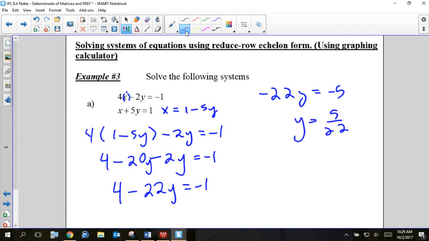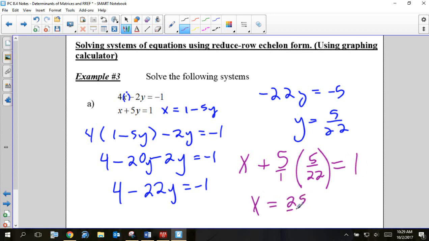When you go and you plug it back in, I chose to plug it into the second equation. X plus 5 times 5 over 22. How do we multiply those by hand? Put 5 over 1 straight across. Oops, that's not an equal sign, sorry.